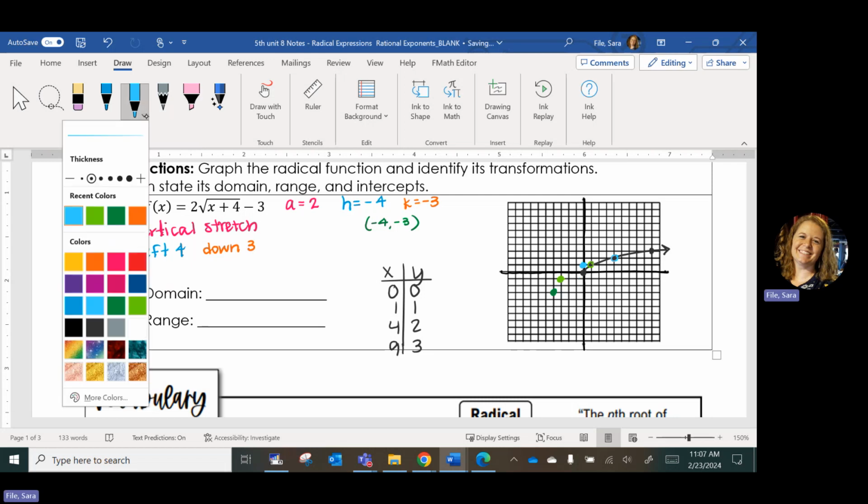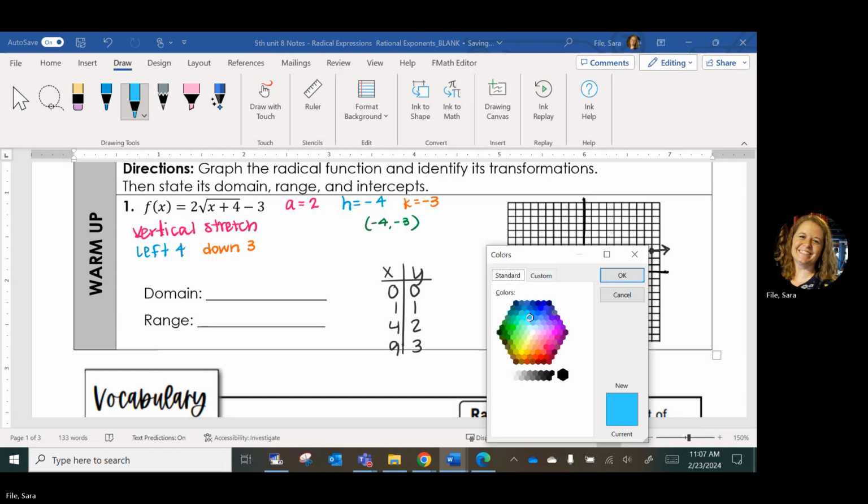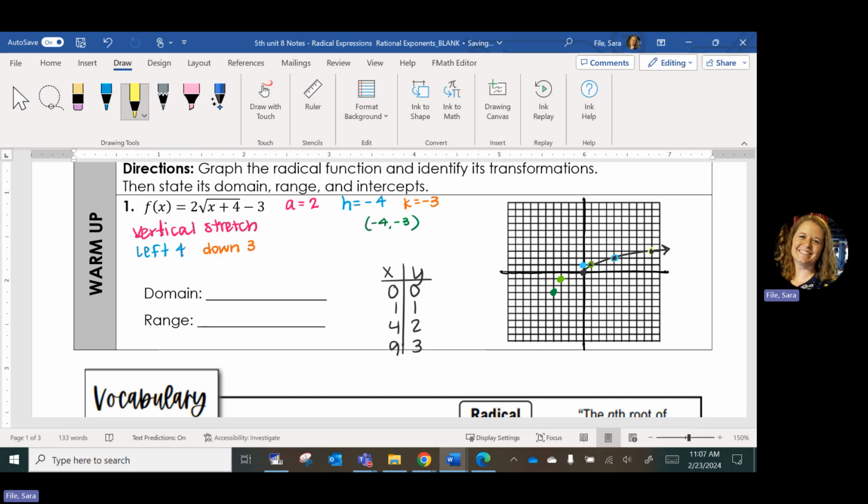Okay, and then if I do that with another point, okay, with this last one, if I go over 1, 2, 3, 4, and then down 1, 2, 3, I'm up 3 from that vertex point. I need to double that, so I need to go up 3 more. So that's going to put the point here.